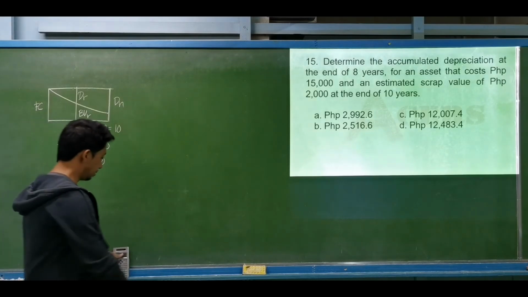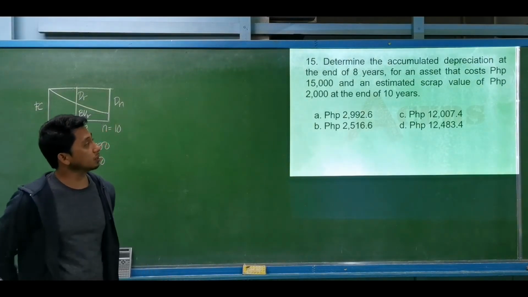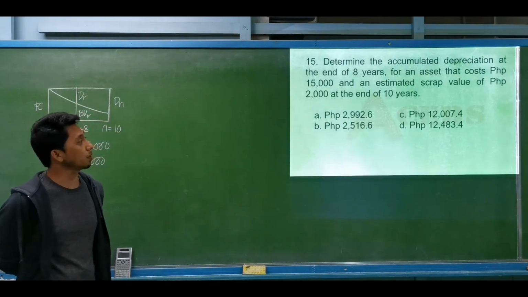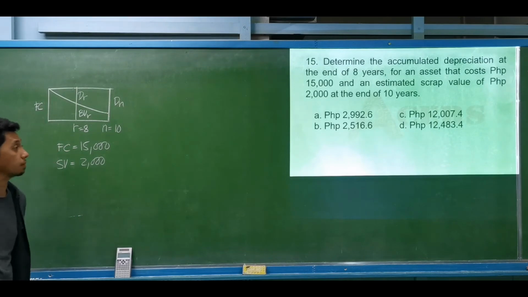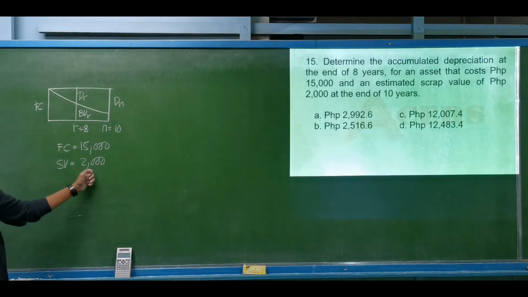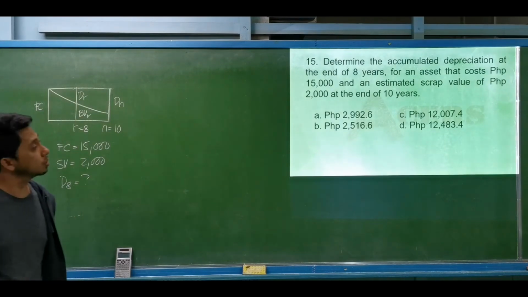Okay, problem number 15. Determine the accumulated depreciation at the end of 8 years for an asset that costs 15,000 pesos and has an estimated scrap value of 2,000 at the end of 10 years. So we are looking for the accumulated depreciation after 8 years.